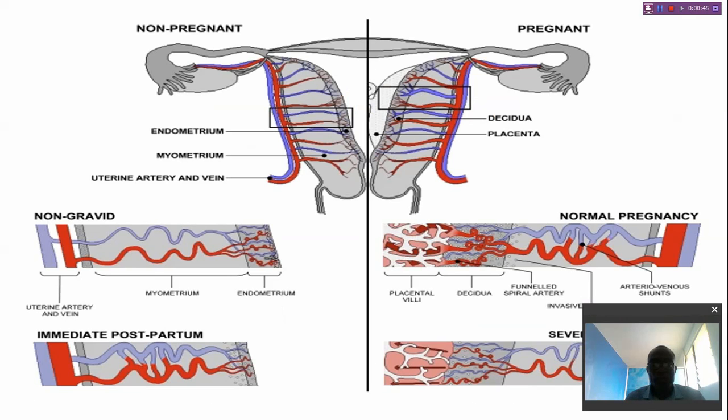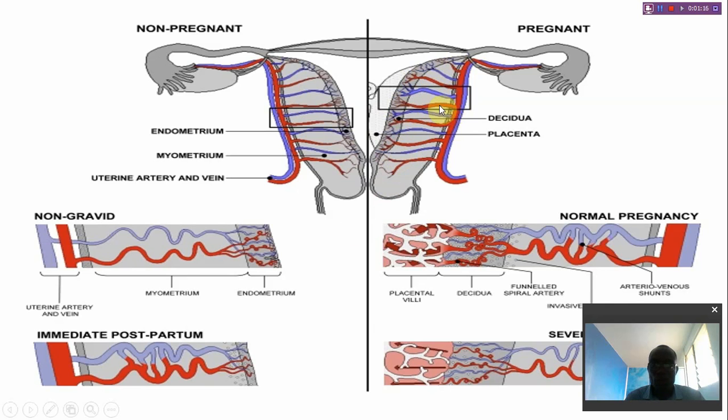So this is a uterus that is showing the blood vessels from the aorta, and you can see a non-pregnant and a pregnant womb or myometrium. You can see the blood vessels running through the myometrium into the endometrium, and the pregnant myometrium has so many blood vessels and it's full of blood.